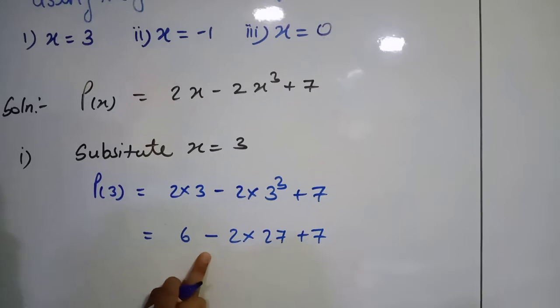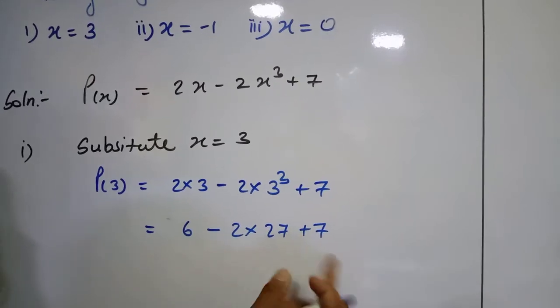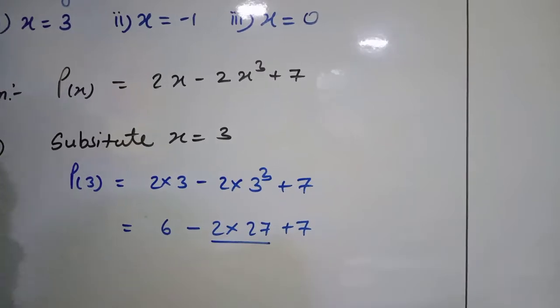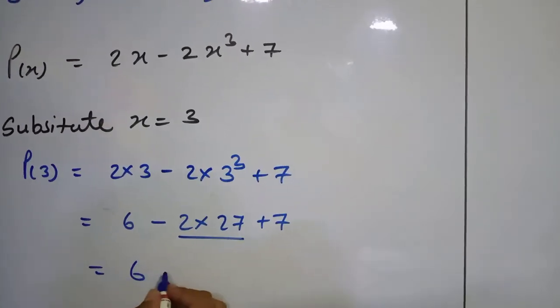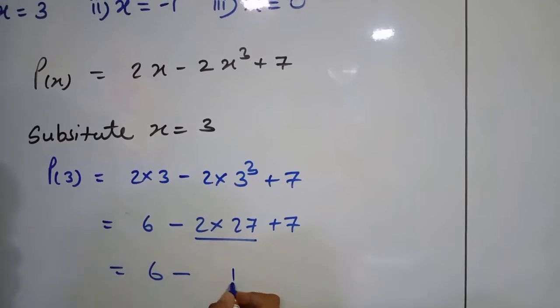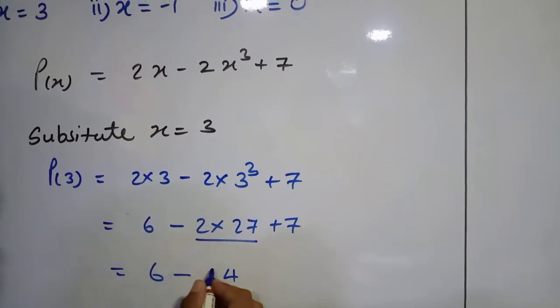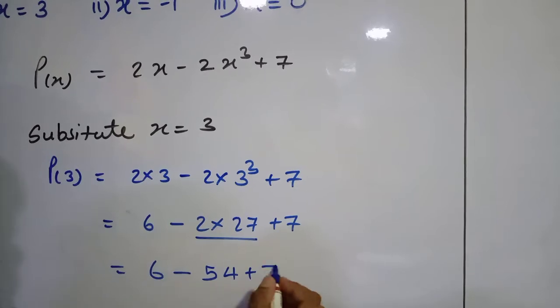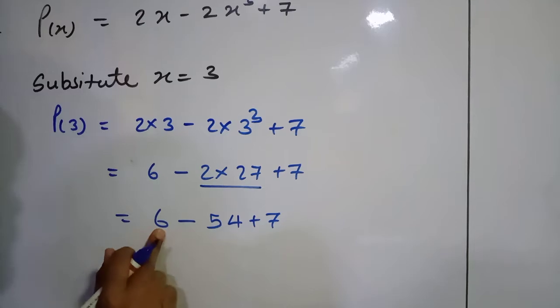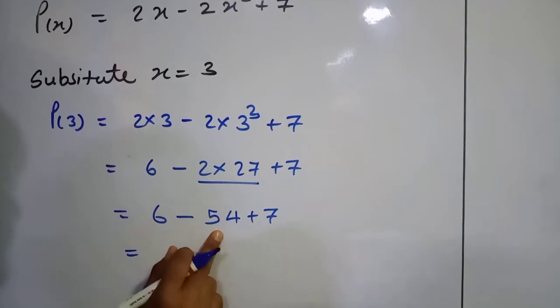Whenever we have addition, multiplication, division or subtraction in a row, first we have to solve the multiplication and division. So 6 minus 27, 2 sevens are 14, 1 carry, 2 twos are 4 plus 1, 5, 54 plus 7.